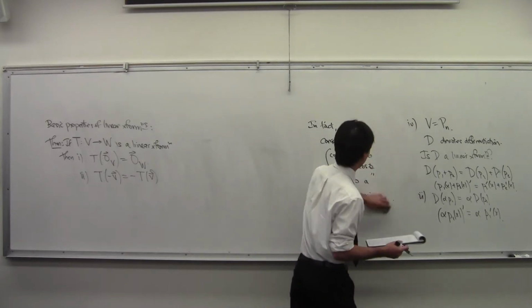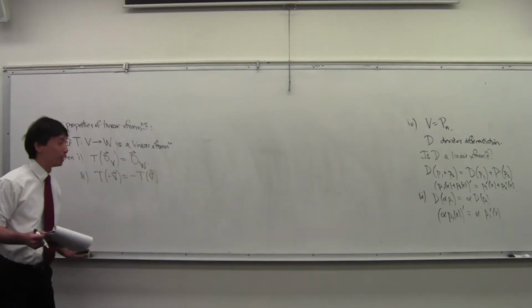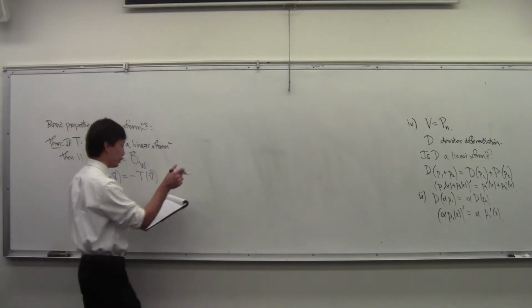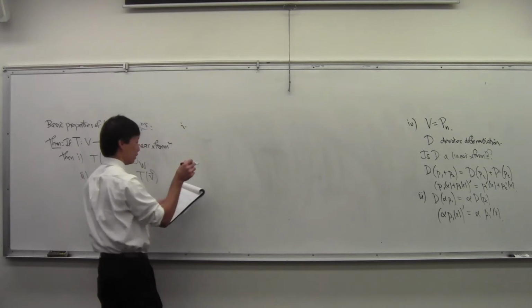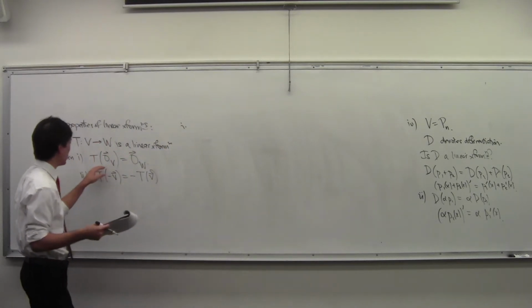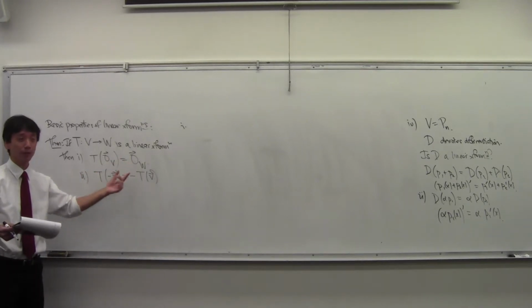These are simple consequences, and they have equally simple proofs. Here's the proof of the first one. Why is it true that the zero vector gets turned into the zero vector over here?